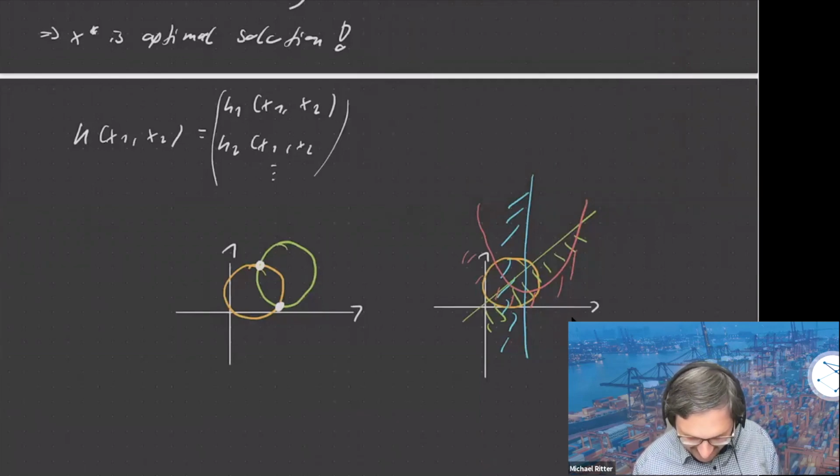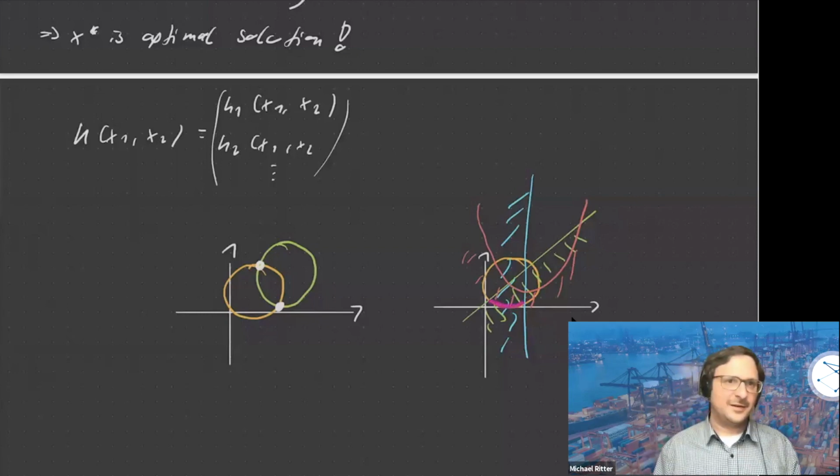So we need to be below the parabola, to the left of the blue line, below this line, and on the circle. So I think, no, not quite. This here should then be the feasible set. In this case, we have one equality constraint and 3 inequality constraints. So that's a setting that you could have even in 2D space.